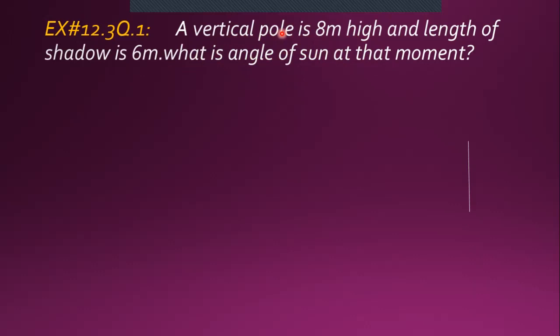So what to do? We need to draw this pole. This is the pole. The pole would be in this way. You have seen poles in your daily life. Then obviously the shadow is at ground. If pole is standing here, then its shadow is at ground.